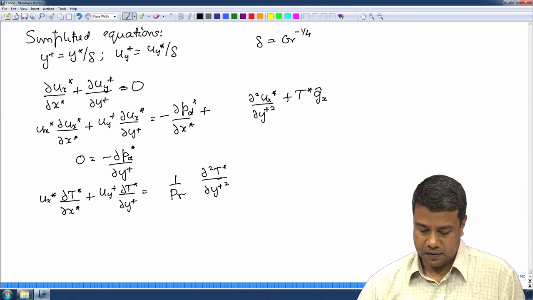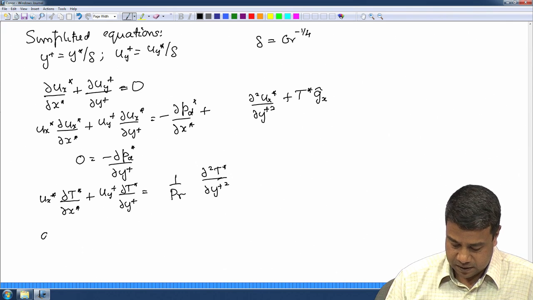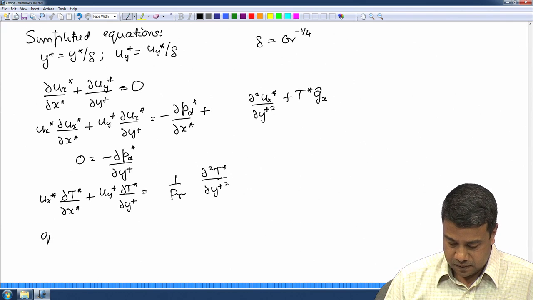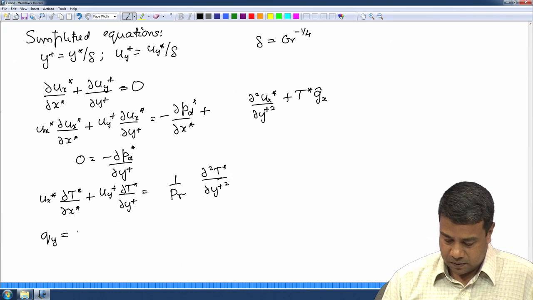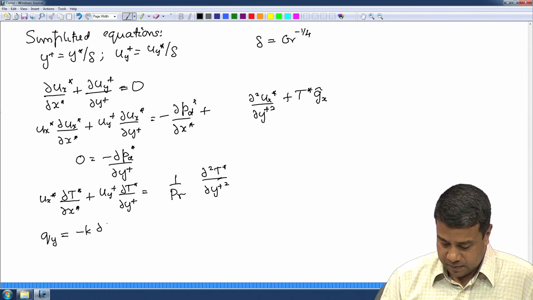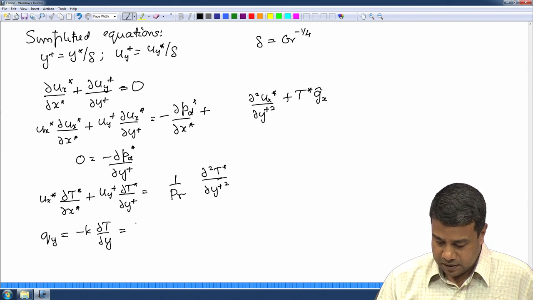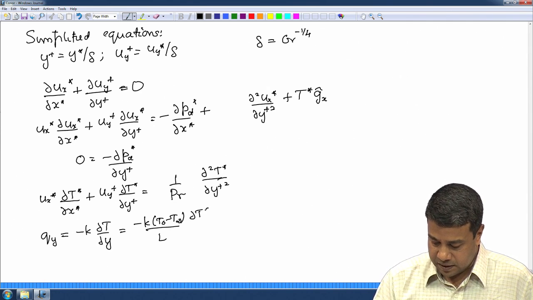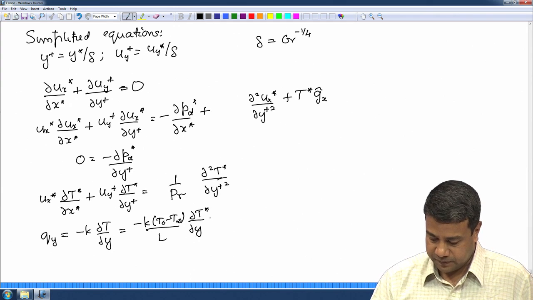We know that the heat flux Q y will be equal to minus k partial t by partial y. It's equal to minus k into t naught minus t infinity divided by L partial t star by partial y.